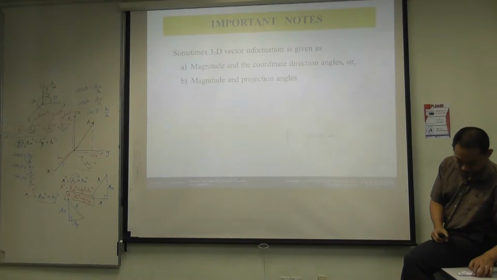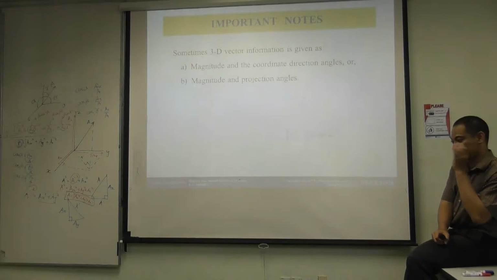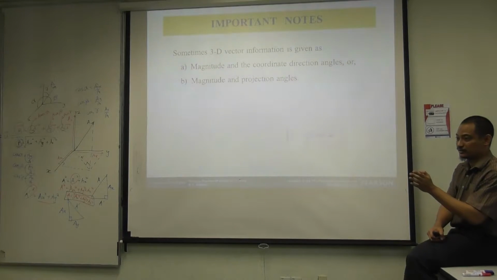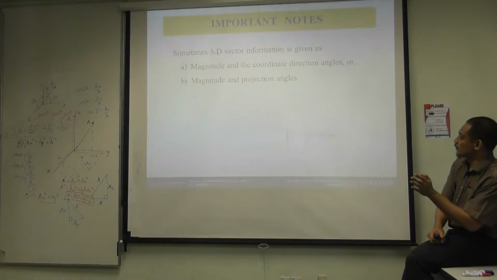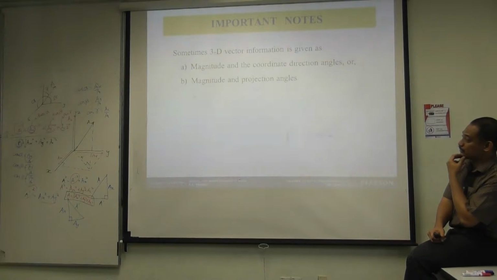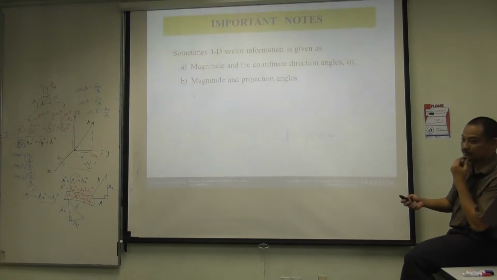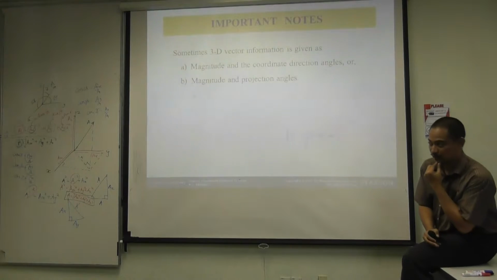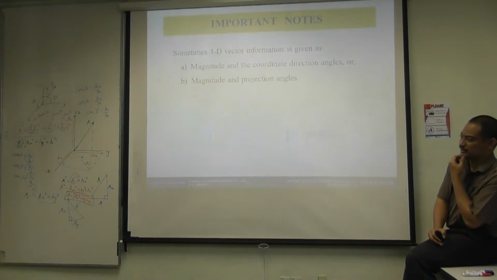So when you have questions, sometimes the question only asks like this: find the magnitude and the coordinate direction angle, for example. It never asks find alpha, beta, and gamma, so you have to understand, oh, it says this one, I need to find alpha, beta, and gamma. Just like in 2D, it doesn't actually specify find theta.